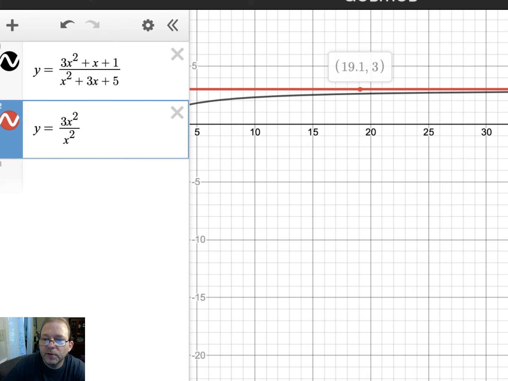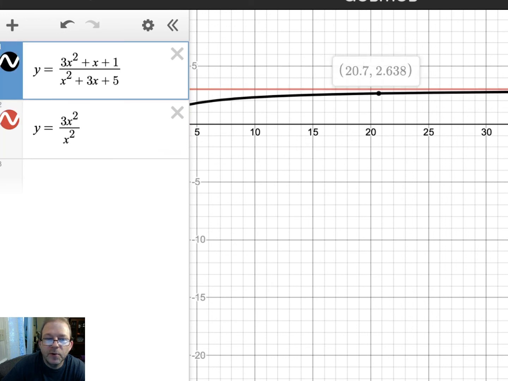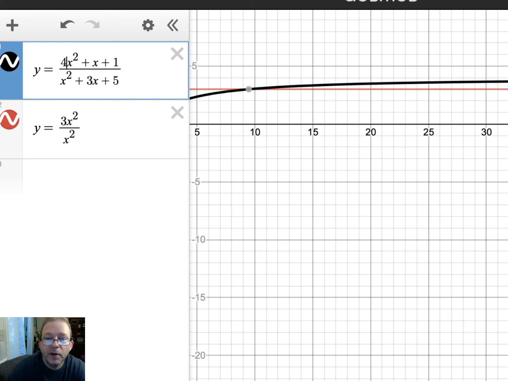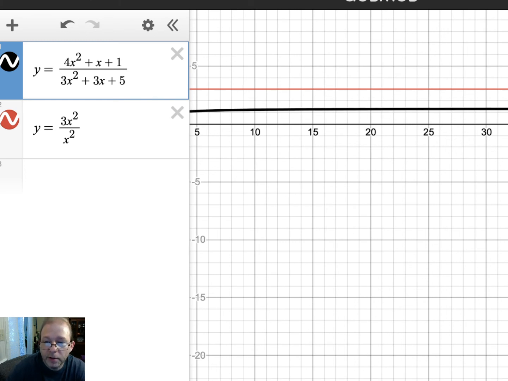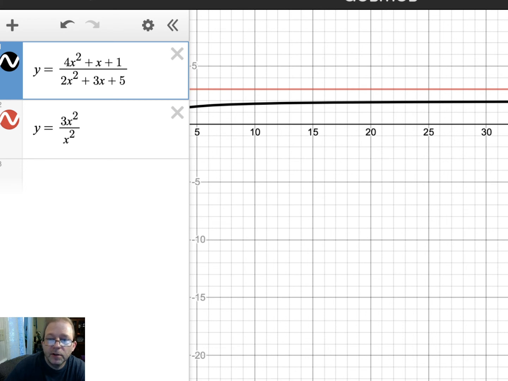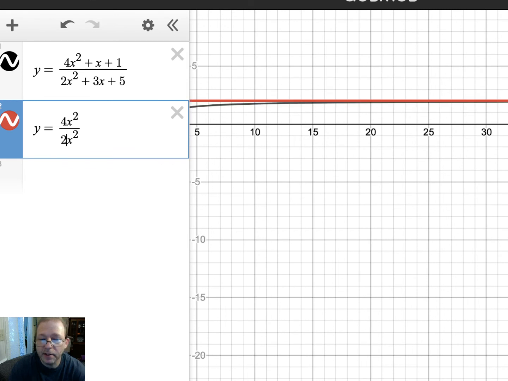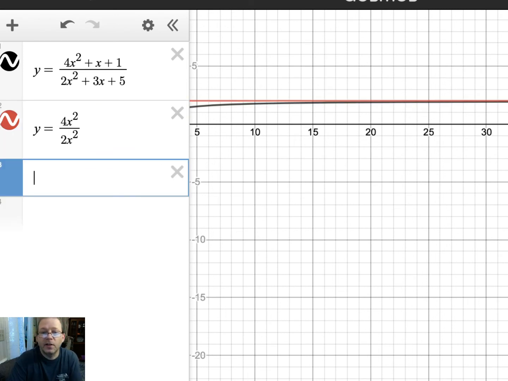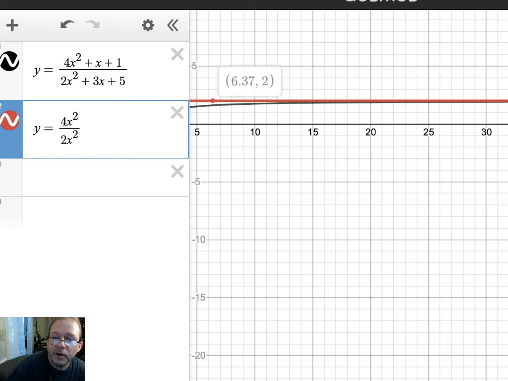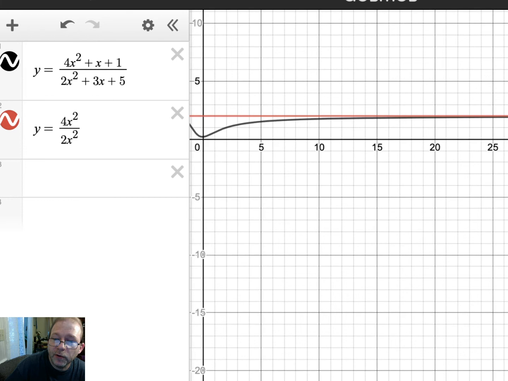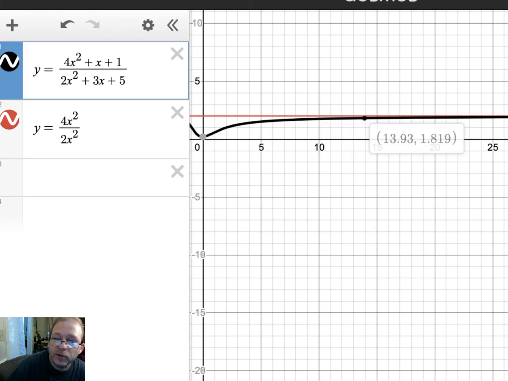If I put in, let's say, a 4 up here, and 2 down here, that means asymptotically, it's going to act like this function down here. And notice the red function is just 2, and the black function, if I can get a hold of it, is approaching 2.